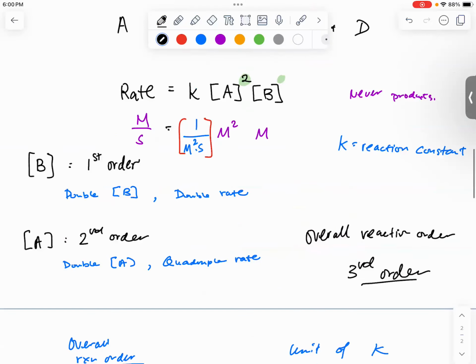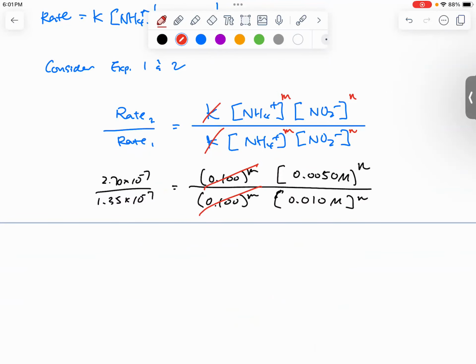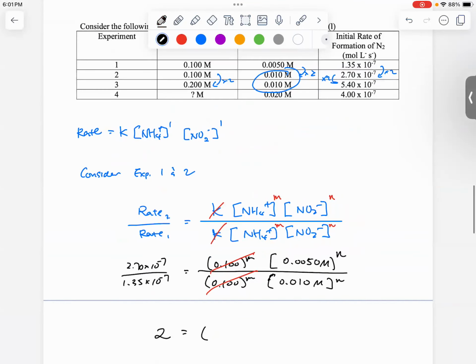So what you have here is 2 equals, oh sorry, my bad, I wrote the numbers backward. These two should be switched, because I put experiment 2 on top and experiment 1 in the bottom. And this will be 2 to the n power.